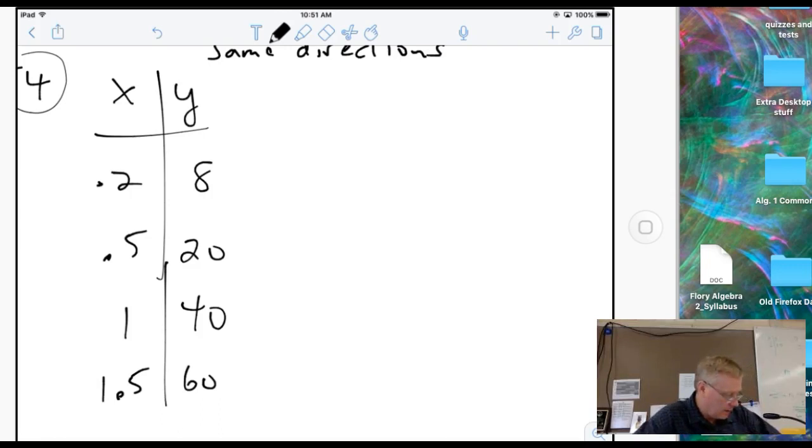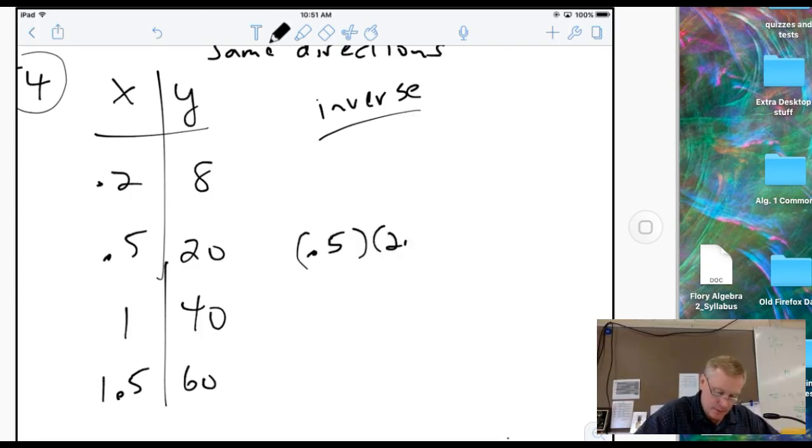And let's see, if I take inverse, if I multiply them together, and suppose I take 0.5 times 20, half of 20 is 10, 1 times 40 is 40. I got a problem already.